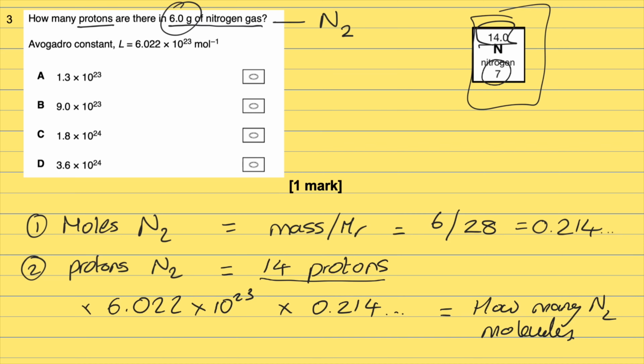So if we multiply that by 14, which is how many protons there are, that will tell us how many protons there are in 6 grams of nitrogen gas, which is 1.8 times 10 to the 24. Remember, leave this full number in your calculator when you're doing the steps. 1.8 times 10 to the 24 is option C.